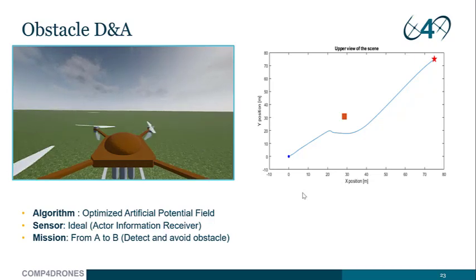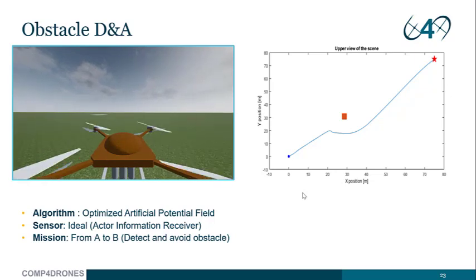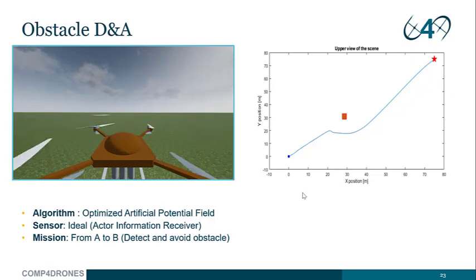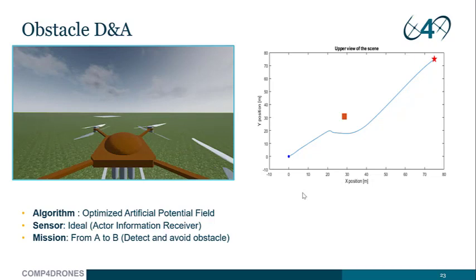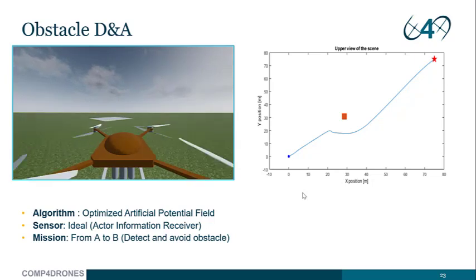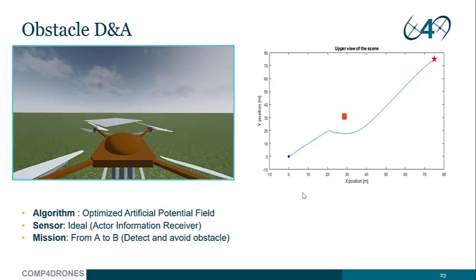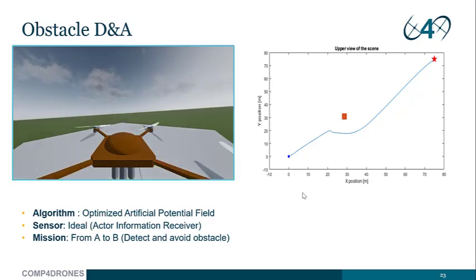So as you have just seen, the UAV is able to detect its presence and fly around it. We implemented an optimized artificial potential field algorithm. So the obstacle is represented by a charge that repulses the drone, and the sensor used is an ideal sensor.